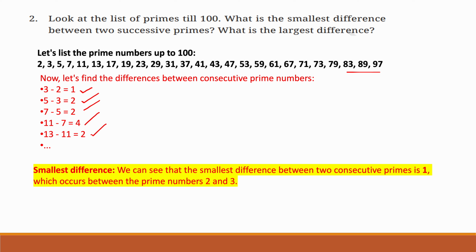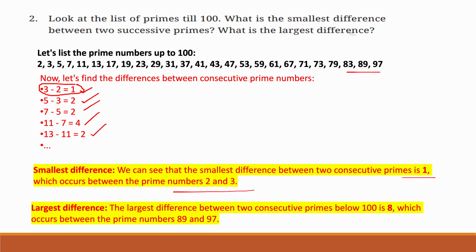We can see that the smallest difference between two consecutive primes is 1, which occurs between the prime numbers 2 and 3. So, what is 3 minus 2? That is 1.